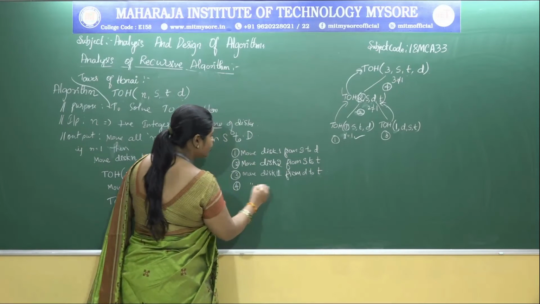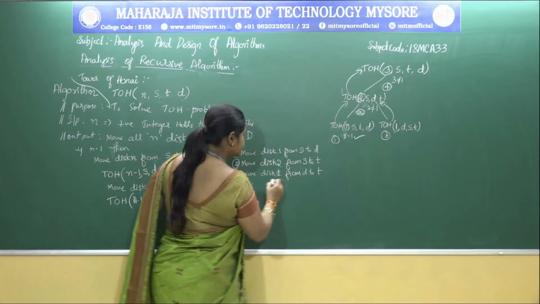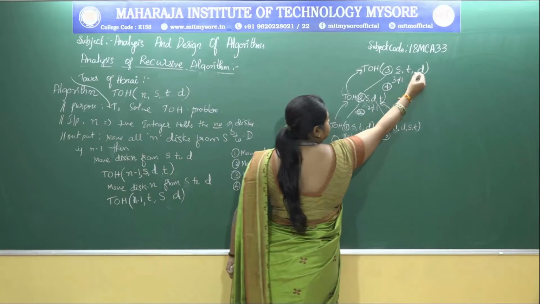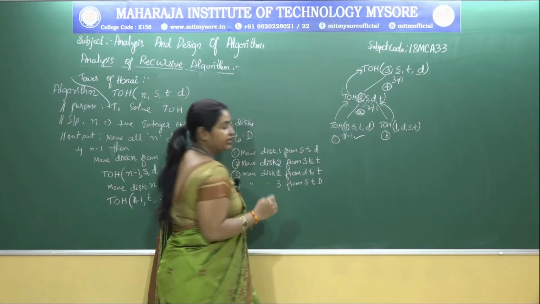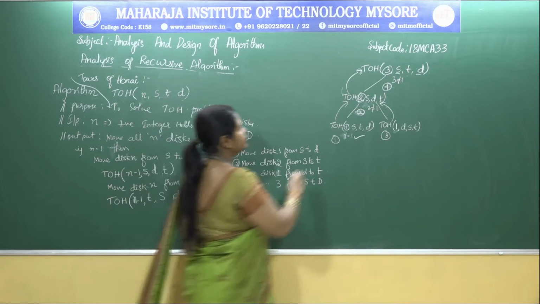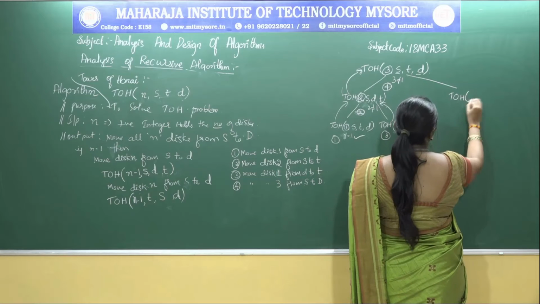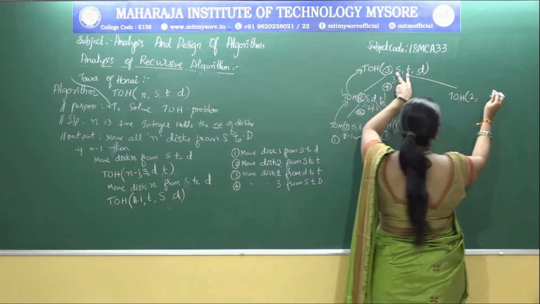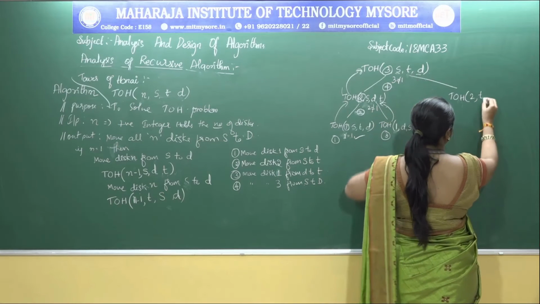What is that? Move disk, which disk? Third disk. Disk 3 from where to where? Source to destination, directly. Next, after that, the right call. What is the right call? TOH of 2, comma. Now, in the right call, these two have to be changed. Why? Because we need to move from temporary to destination.